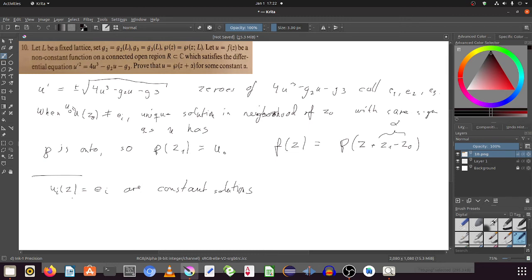So if it's not constant, then let's look at the number of points where the derivative may vanish.